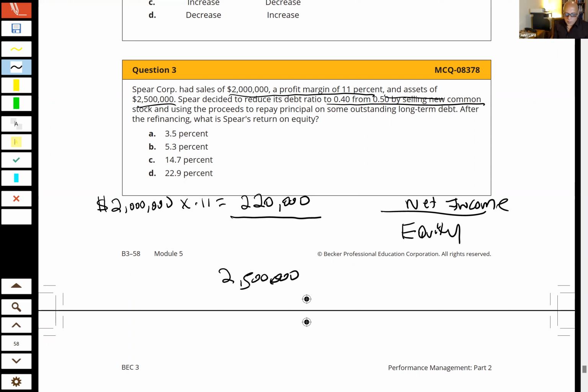Okay, the 2,500,000, then that means that my equity is going to be what? 60% of that. If my debt is 40, then my equity is going to be 60.